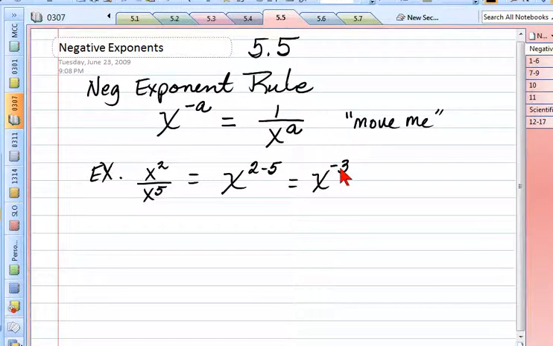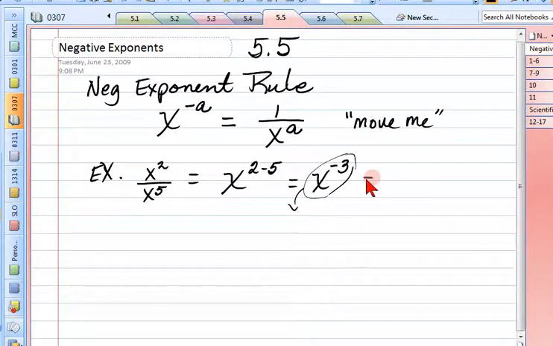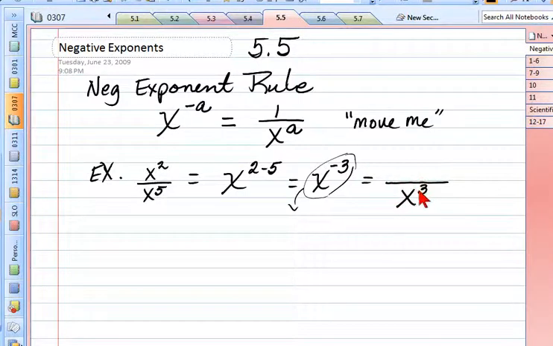All right, now we just looked at this new rule that says you can't leave it like that. What does that negative exponent say? Move me. It says take this base and move it across the implied fraction line. So it will move down to the bottom. The exponent will become positive. Well, what's left in the top? A 1.